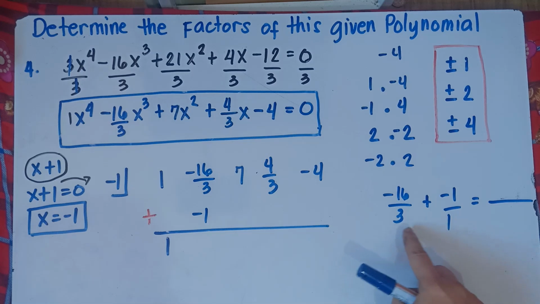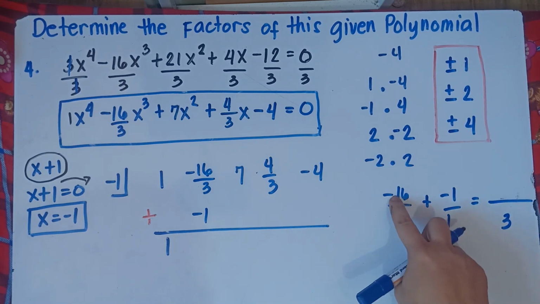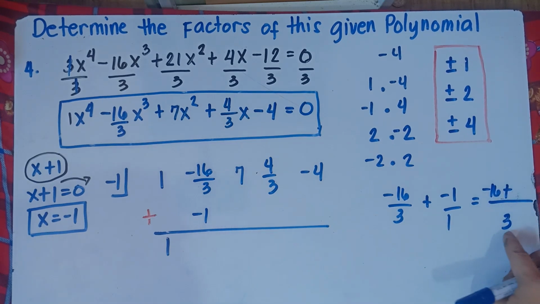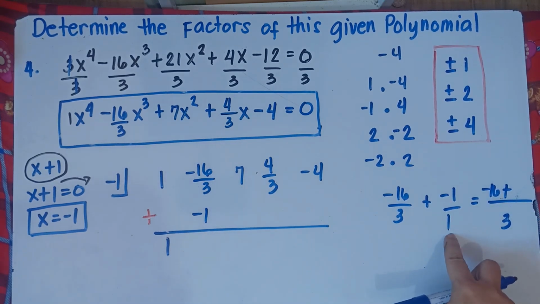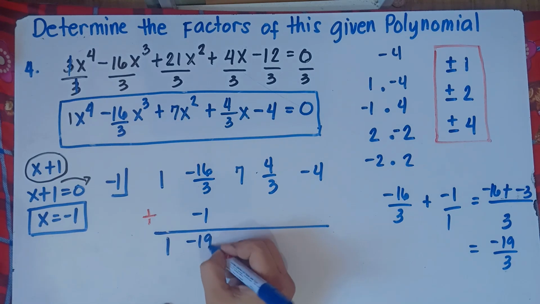And the least common denominator of 3 and 1, that is 3. Then you divide, class. 3 divided by 3 is 1 times negative 16, that's negative 16, plus 3 divided by 1 is 3 times negative 1, that's negative 3. So negative 16 plus negative 3, that's negative 19 over 3.